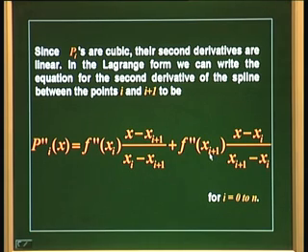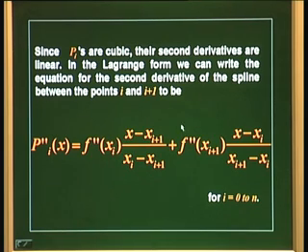Now, what will pi plus 1 double prime be? Pi plus 1 double prime would be f double prime at xi plus 1 times x minus xi plus 2 divided by xi plus 1 minus xi plus 2, plus the corresponding term with x minus xi plus 1 divided by xi plus 2 minus xi plus 1. And we can very easily see that pi plus 1 at xi plus 1 will again give us f double prime at xi plus 1.